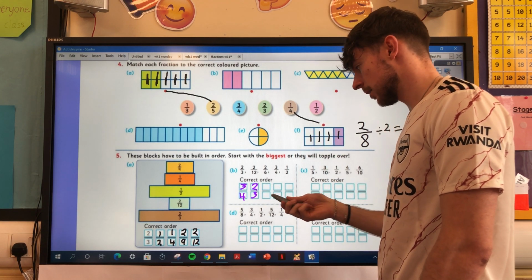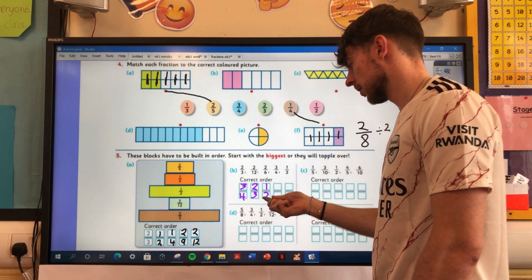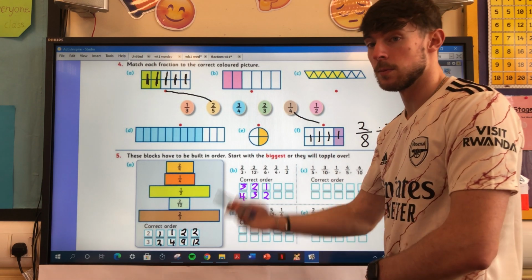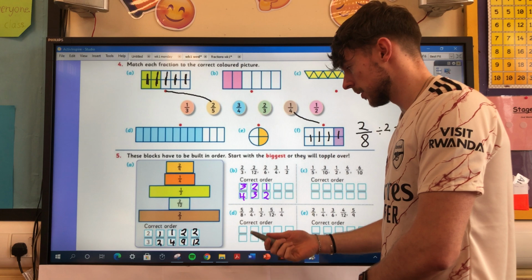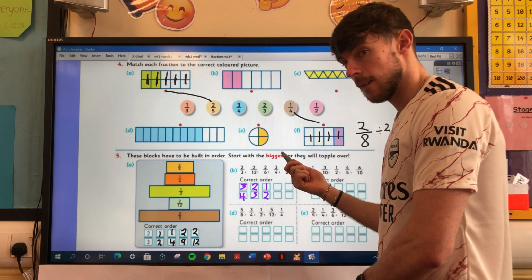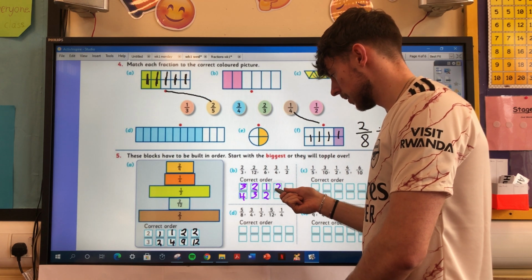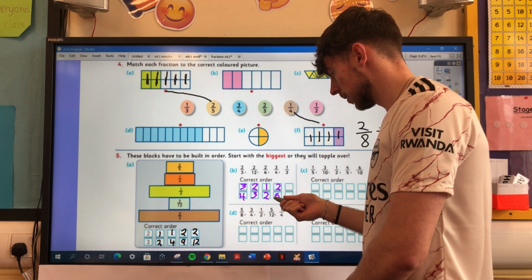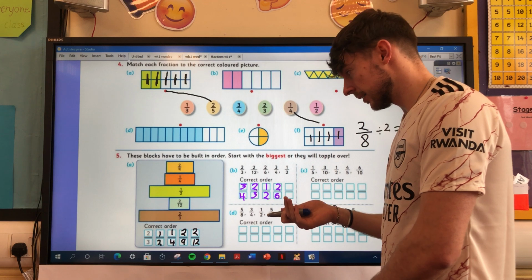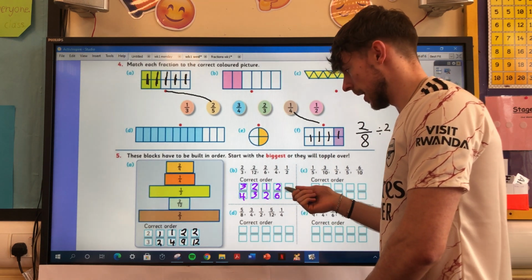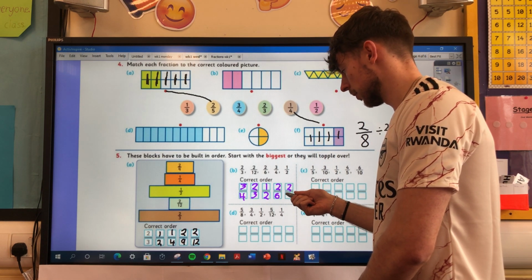Next one after that was 1/2. Then the next biggest was 2 over 6. And then the one after that was 2 over 12.